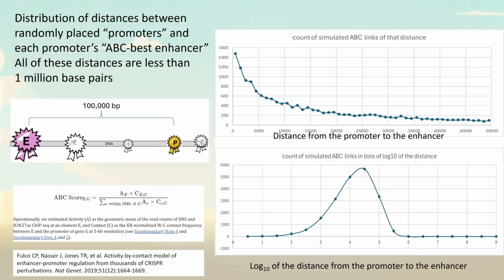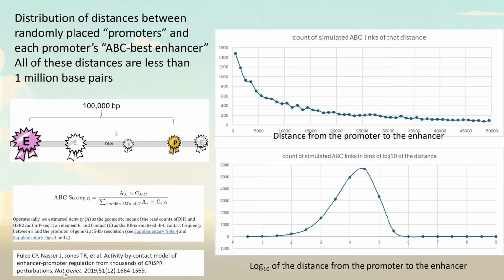And now there's this trade-off, because enhancers nearby might be weak, but you penalize enhancers that are too far away. This is all part of the ABC model, right? So the chances that two things will be in contact decreases rapidly as they go away. And so you have this interplay between how close the enhancer is to the promoter and the cell-specific strength of the enhancer.